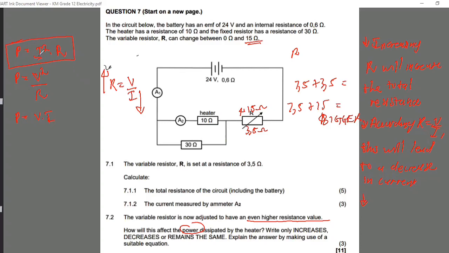So if the current has now decreased, what will happen to power? So current is directly proportional to power. So if current decreases, power also has to decrease.